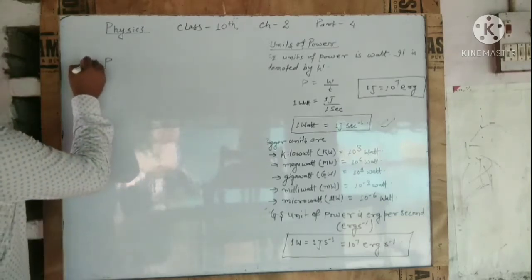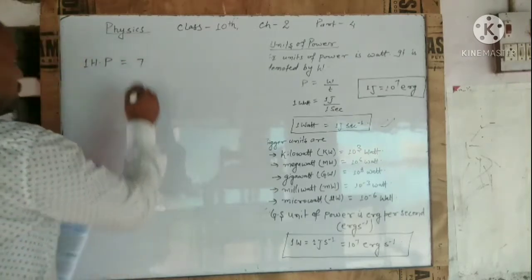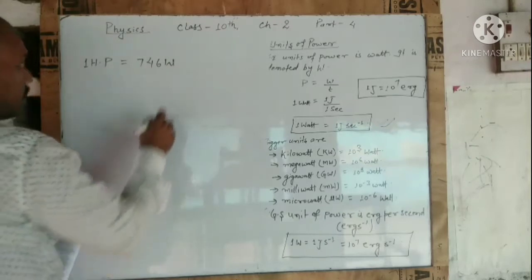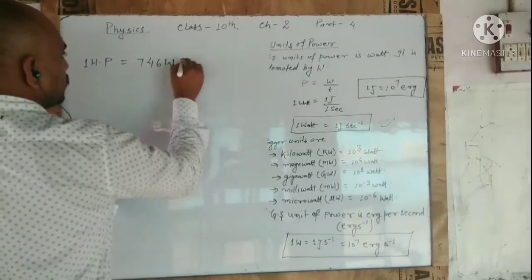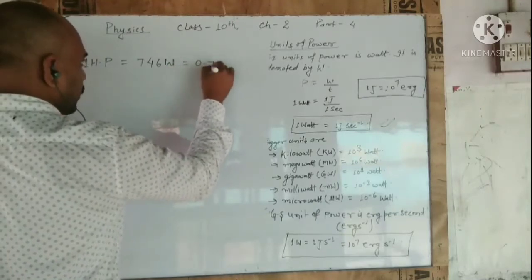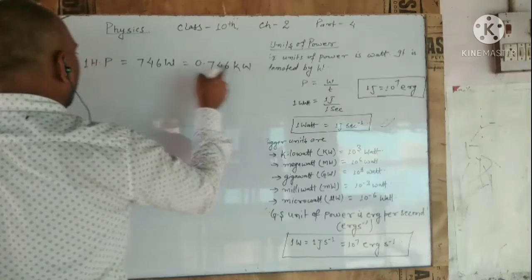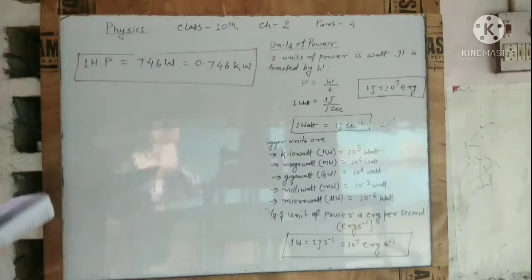1 HP is equal to 746 watt, or 0.746 kilowatt. How does it come in kilowatt?